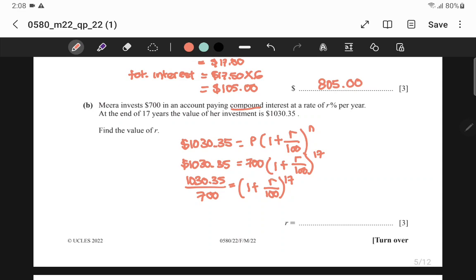And then the right side is raised to the power of 17. I need to eliminate the power 17 by using the root, right? So I will do it like this.